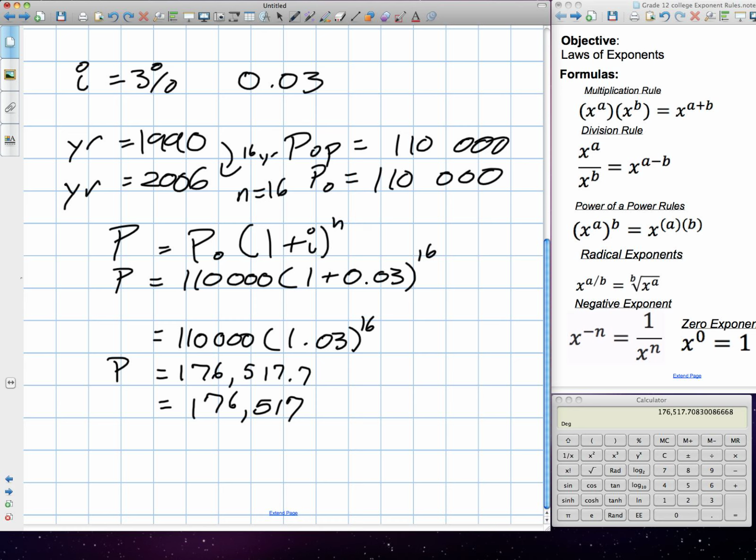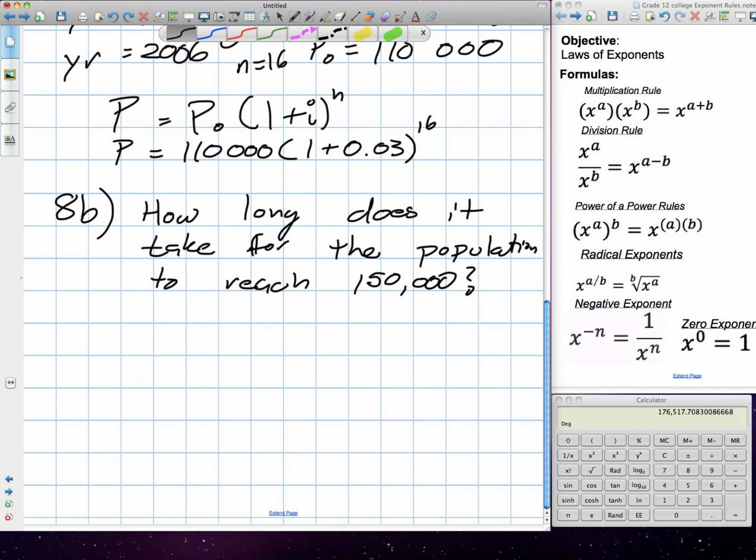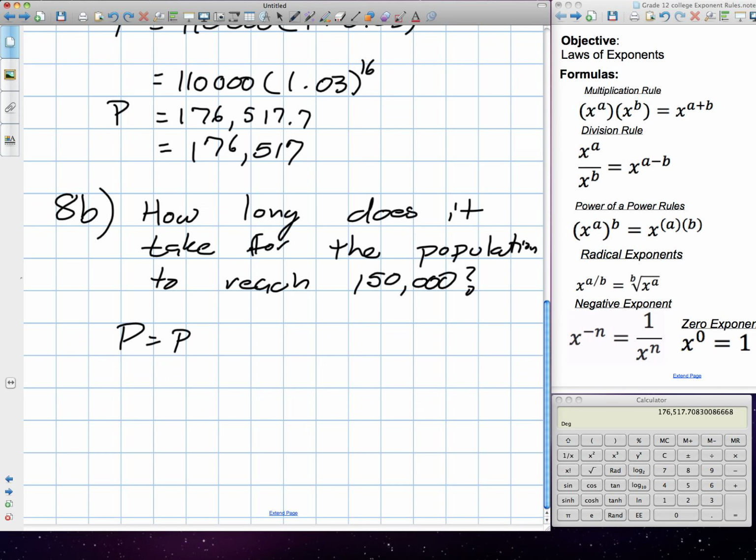The question asks us, how long does it take for the population to reach 150,000? So we have to make sense of this question here. We still have our formula, P is equal to P naught. This is a growth rate formula, exponential decay or exponential growth.